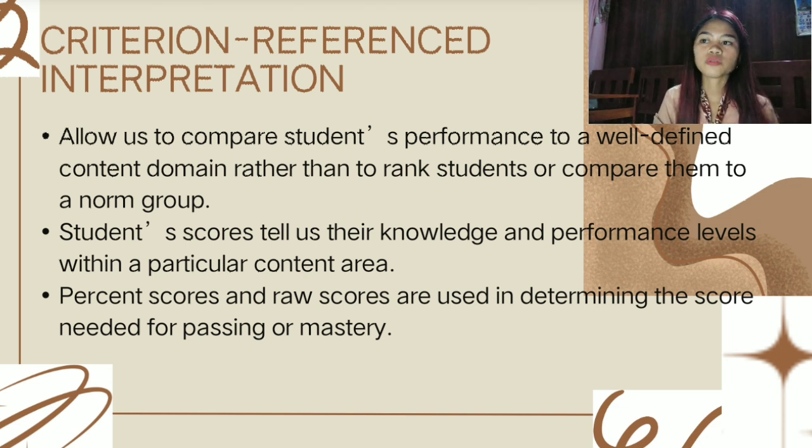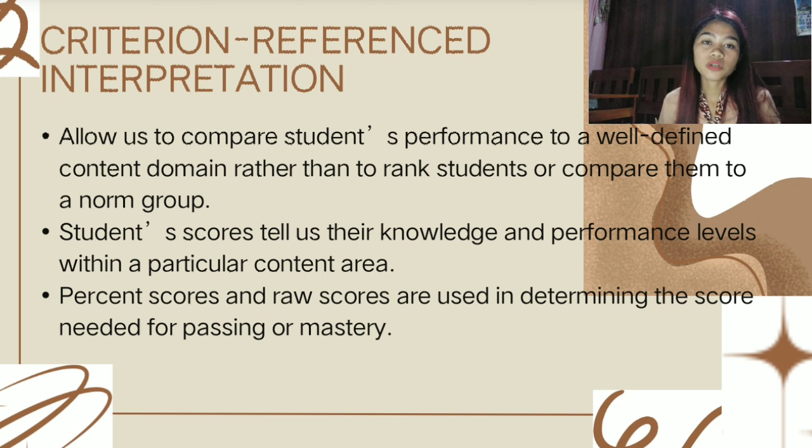So with this criterion reference interpretation, we allow to compare. So criterion reference test, it is comparing the tester's performance to an objective standard. Criterion reference also is the student scores tell us their knowledge and performance levels within a particular area.